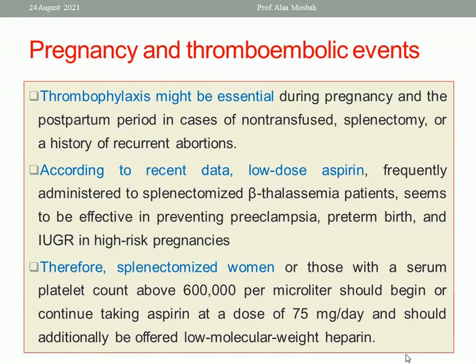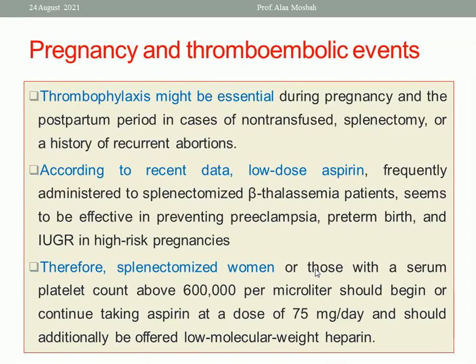According to recent data, low-dose aspirin frequently administered to splenectomized beta thalassemia patients seems to be effective in preventing preeclampsia, preterm birth, and the IUGR in high-risk pregnancies. Okay, and this is already well-known information that low-dose aspirin has a role in prevention of preeclampsia, preterm birth, and the IUGR in high-risk pregnancy.